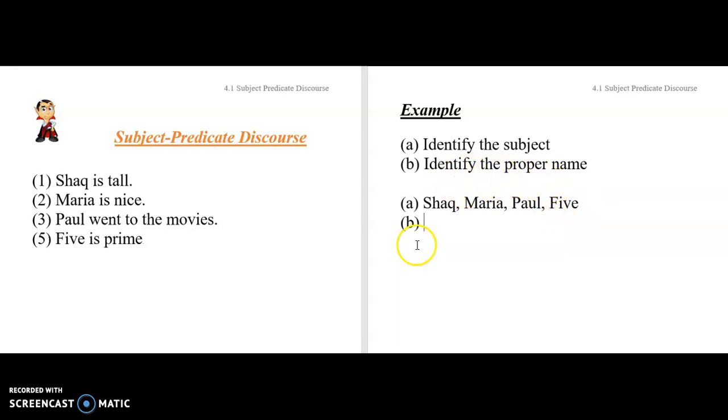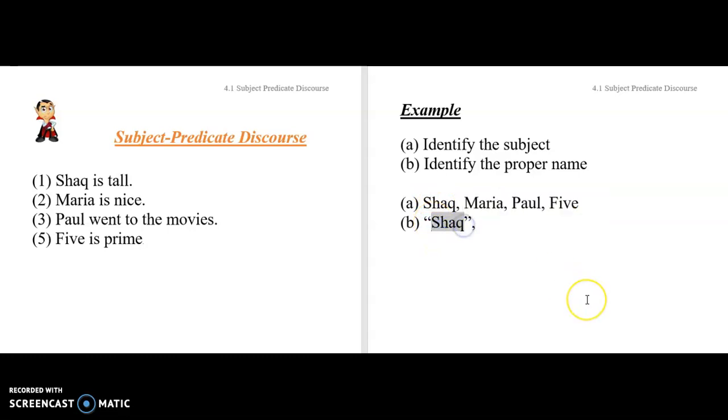Now, the proper name is the means by which we refer to the thing, the subject, okay? So, for example, in the case of number 1, the proper name is the word Shaq, and that's why we use the parentheses, because now I'm not talking about the man, the thing that's 7 foot 2 or 7 foot 3. I'm talking about the word, right?